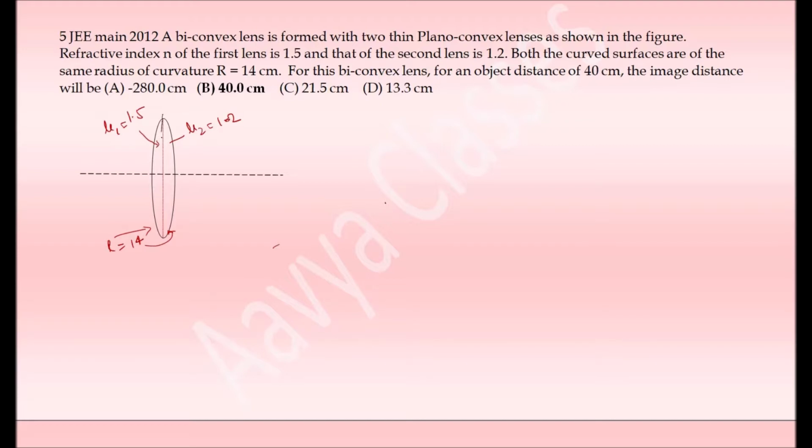So clearly these two plano-convex lenses are in contact with each other, and these two are thin lenses. So first we will calculate f1 and f2. So 1 by f1 is equal to (mu1 minus 1) into (1 by R1 minus 1 by R2), where f1 is the focal length of lens 1, and we call this first plano-convex lens as lens L1, the second plano-convex lens as lens L2.